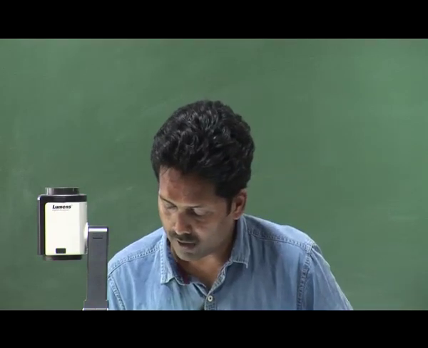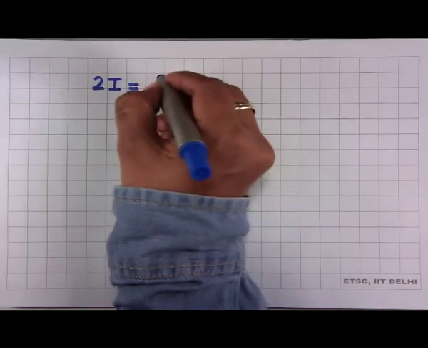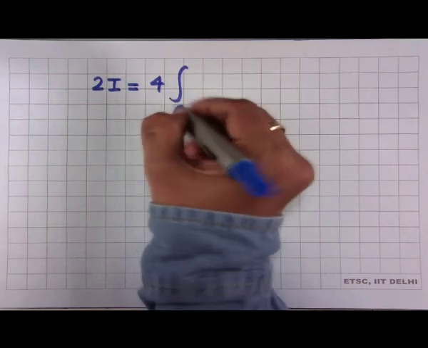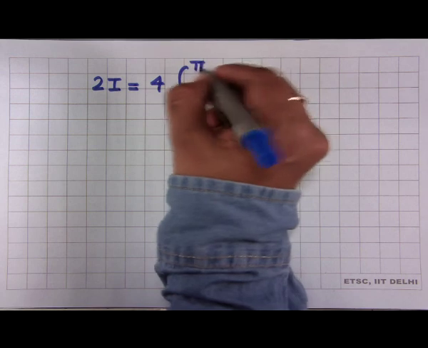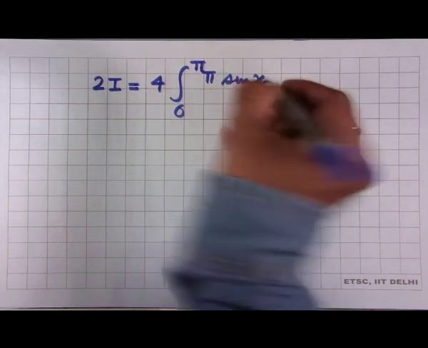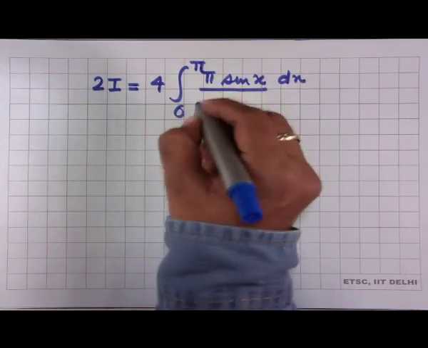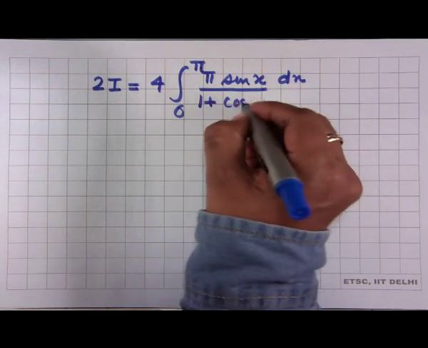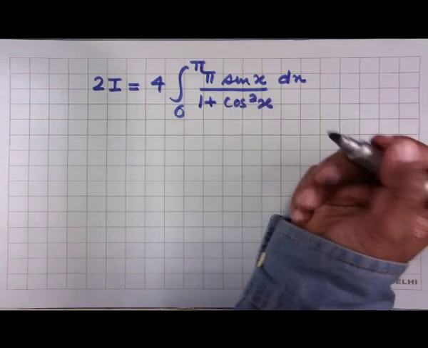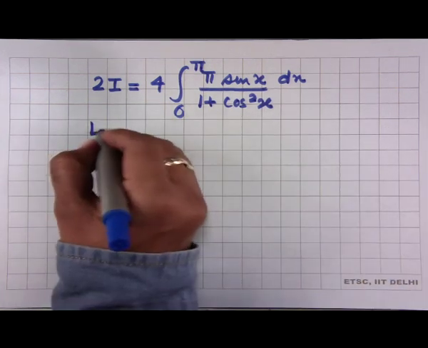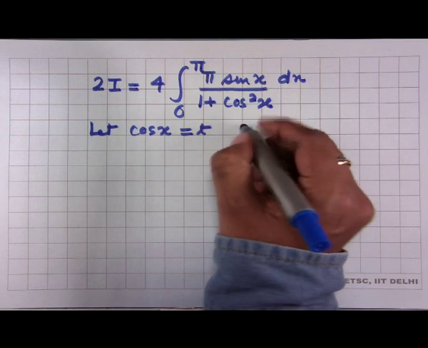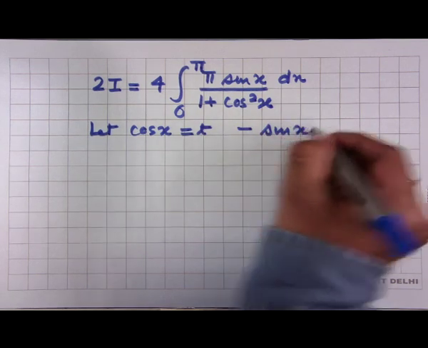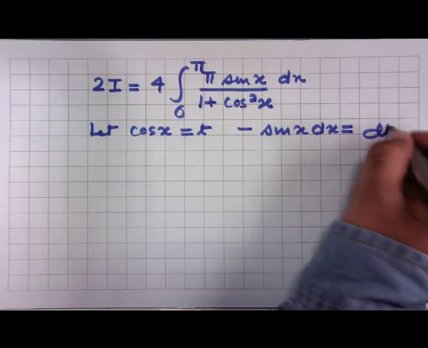So by adding 1 and 2 you get twice of I is equal to 4 times the integral from 0 to pi of sin x dx by 1 plus cos square x. Now let cos x be t, so minus sin x dx is dt.